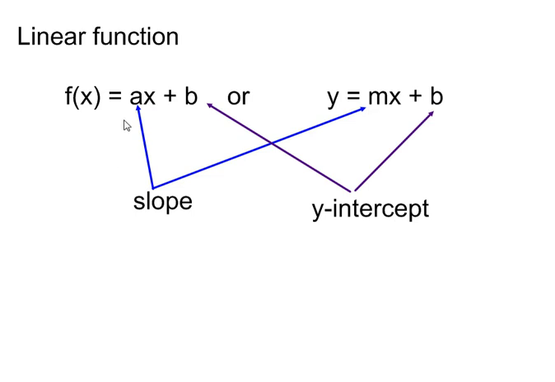You will also see this in your calculator as f of x equals ax plus b. Again, a is your slope, b is your y-intercept. The number that goes in front of x, or the coefficient in front of x, represents your slope, and then the constant at the end is your y-intercept.